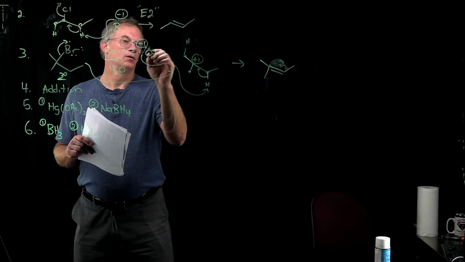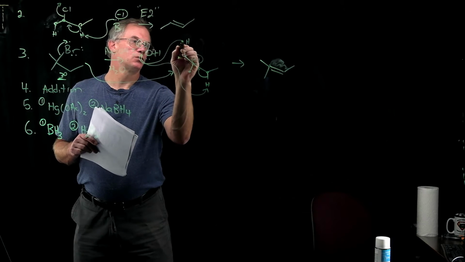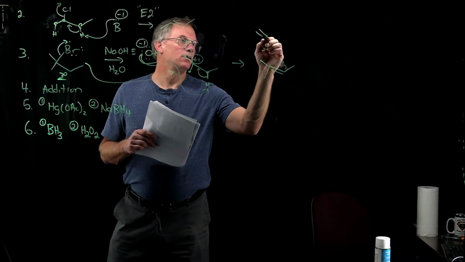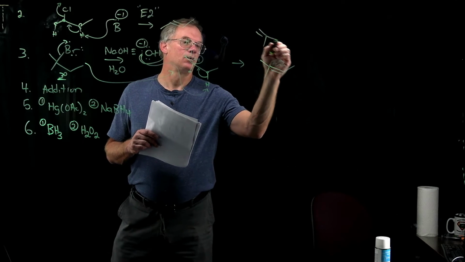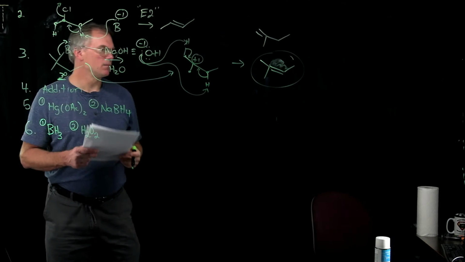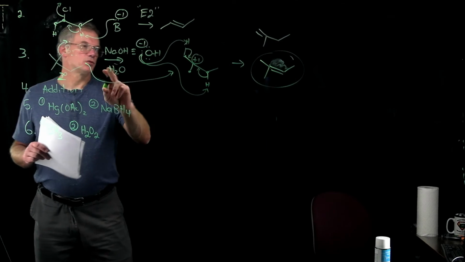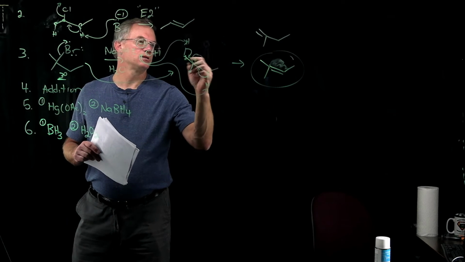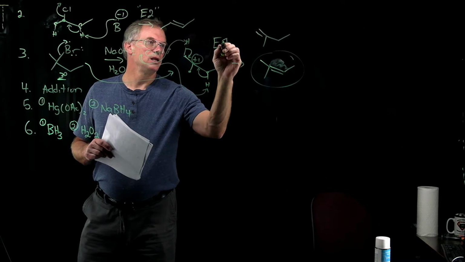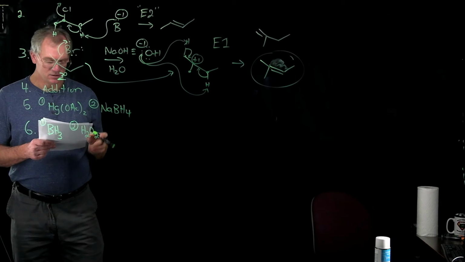Alternatively, the base could abstract that hydrogen, and that would result in that alkene. This alkene would definitely predominate, and since it goes through a carbocation mechanism, then elimination, that is the E1 mechanism.